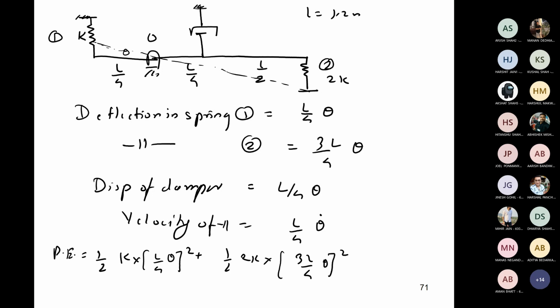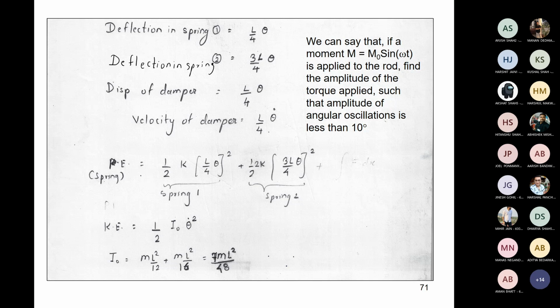And how to calculate IO, the inertia about O? What is I self? IO will be I self plus I parallel: ML square by 12 plus ML square by 4, not ML by 4 whole square. ML square by 60, correct? So IO will be ML square by 12 plus ML square by 60, that is 7 by 48 ML square.